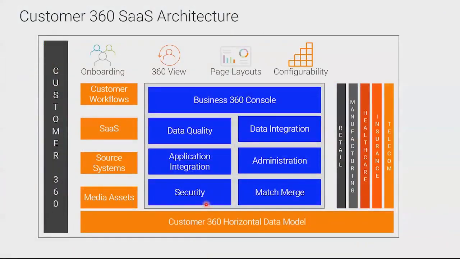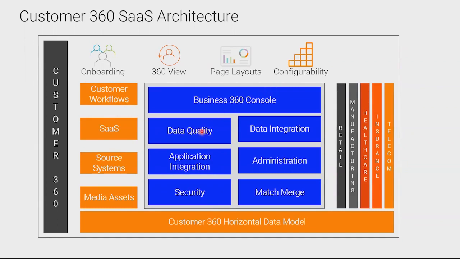So as you can see here, this is a very high-level typical architecture of Customer 360, right? On the left-hand side, you have the customer workflows, the SaaS offering, the source systems, and the media assets. And then in the Business 360 console, like I explained, it's typically the hub console where you would do the different configurations.